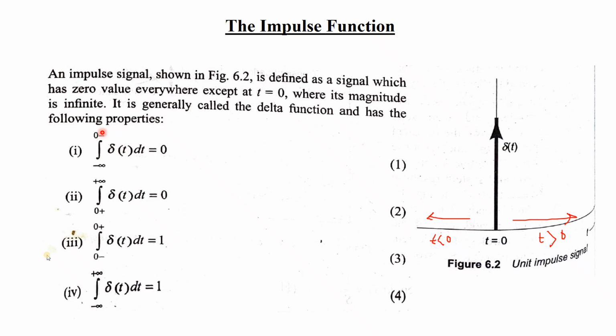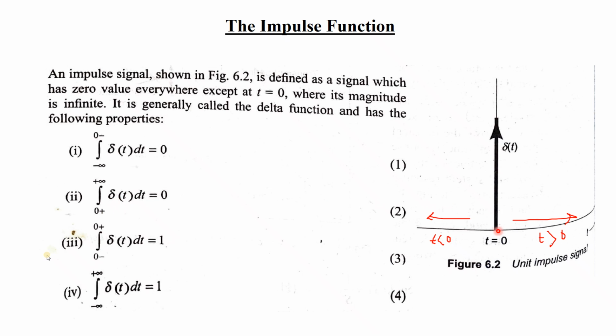So when time is less than 0, then the magnitude is 0. You can see over here, integration of delta t. Delta t means it is the signal magnitude, amplitude. When you are measuring the amplitude of the signal from minus infinity to 0 minus, which means just before 0, the initial condition, then the magnitude is 0.